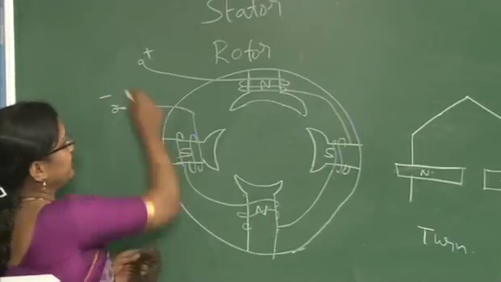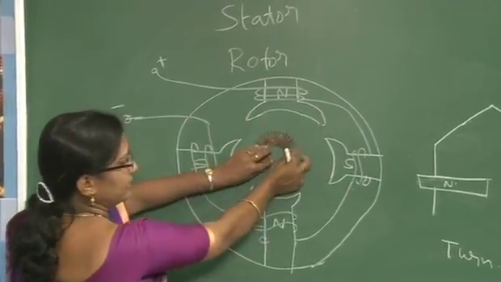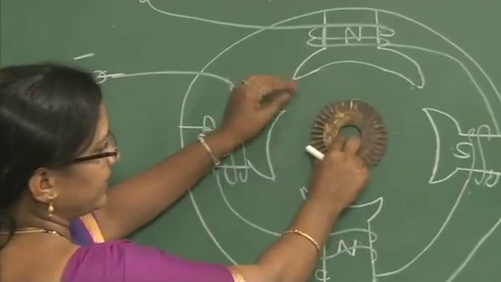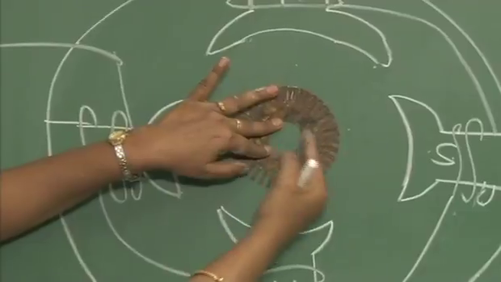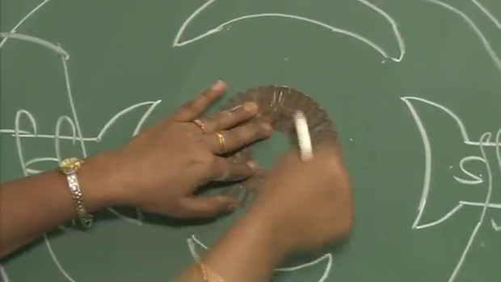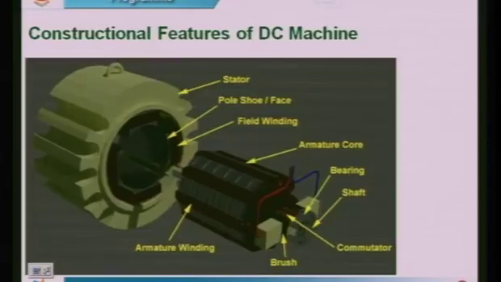By giving a DC source, you are going to create the magnetic field. Here that rotating part will be there. So when the conductor is kept in the magnetic field, a force will be experienced. That force will cause the rotation of this armature. So that is how the motor will work.